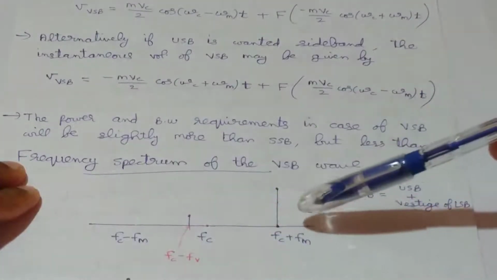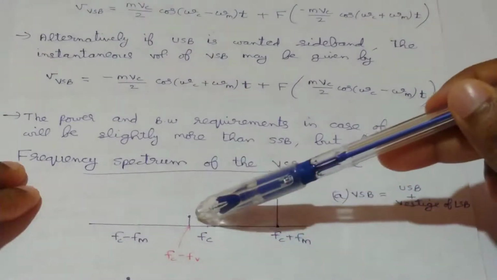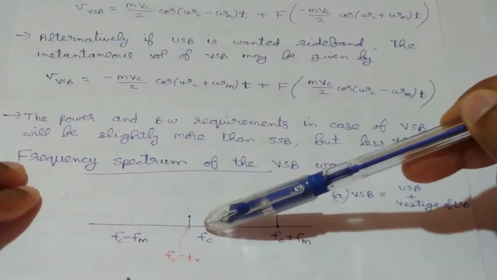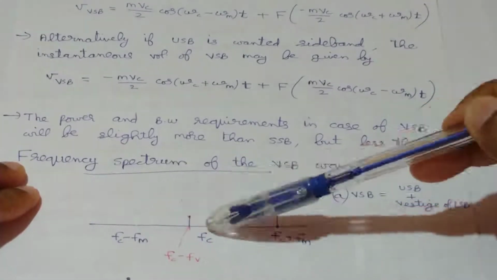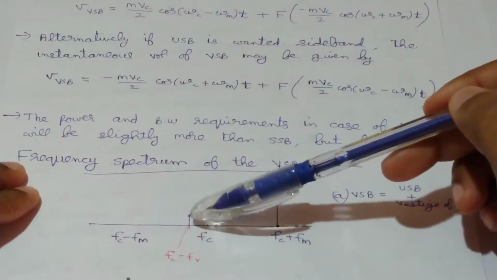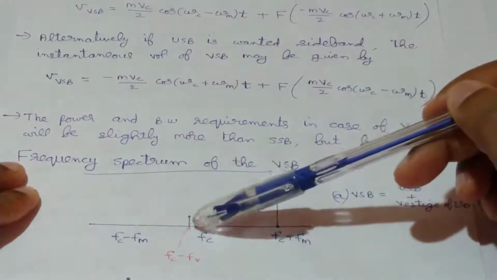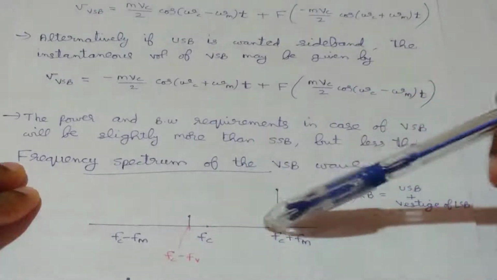As we saw in the block diagram case, the vestige of the lower sideband is from Fc to Fc minus Fv. In the textbook this portion is shown at Fc minus Fm, but here I have shown it at Fc minus Fv to give a clearer idea of the frequency range.